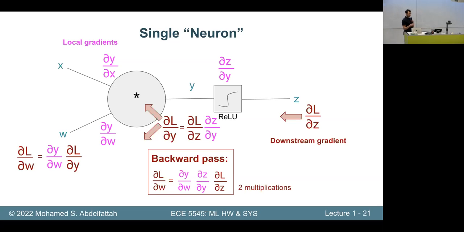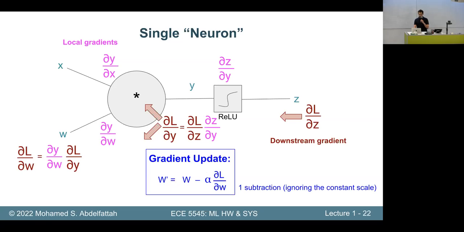And so we will take that as approximately how expensive a forward pass is versus a backward pass. And during training, after doing the backward pass, you take that gradient and then you update your parameters with it.